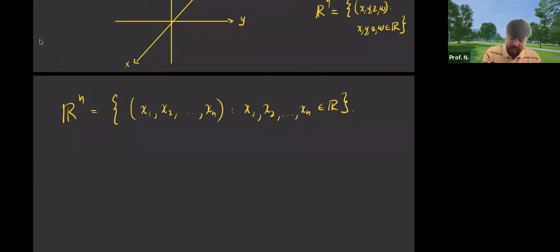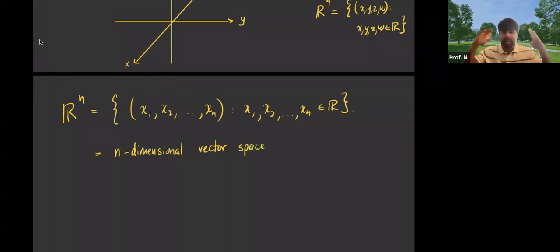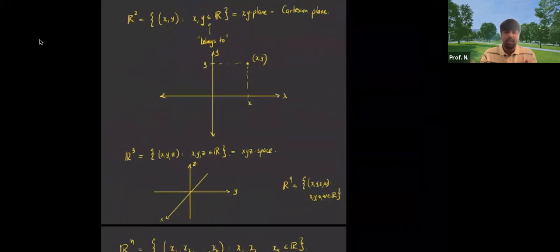We call this an n-dimensional, and without being too crazy with the wording, it's a vector space. We'll talk about vector spaces much more in detail, but just consider this being a space, not physically of course, but a space that has these elements that each contain n numbers.